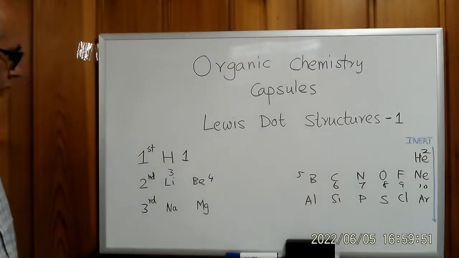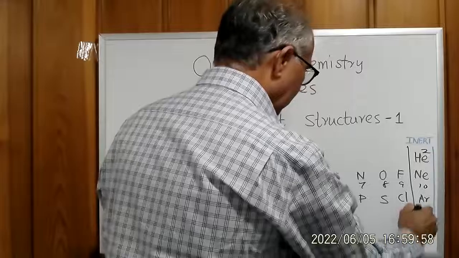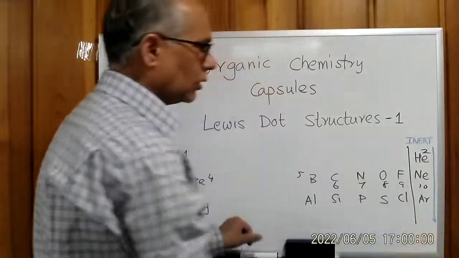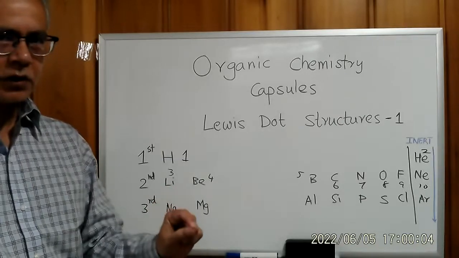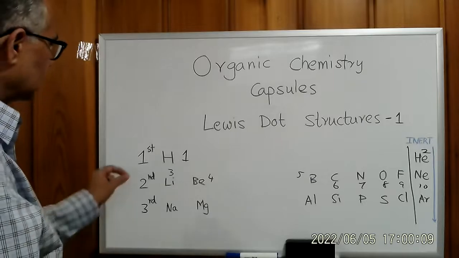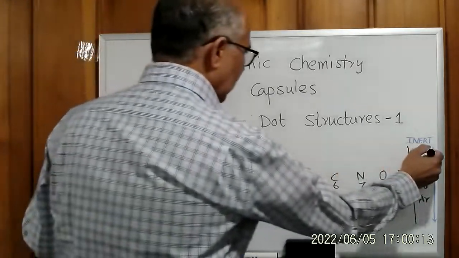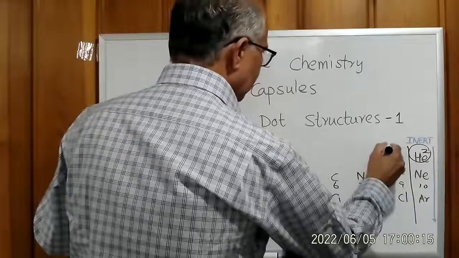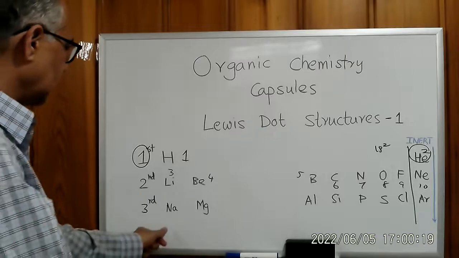And one thing we already know from the periodic table is these elements, helium, neon, argon, krypton, and so on, are called inert gases. They do not normally react. The reason for that is because their shell is full. The first shell, helium 1s2, that's full. There's no more space for electrons in that shell.